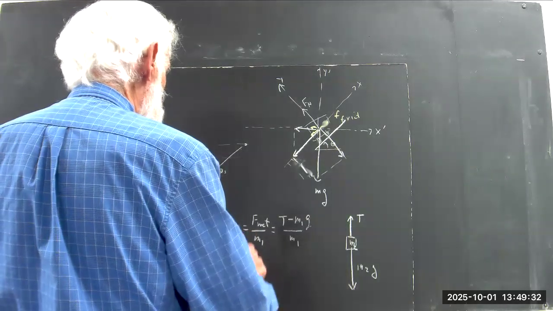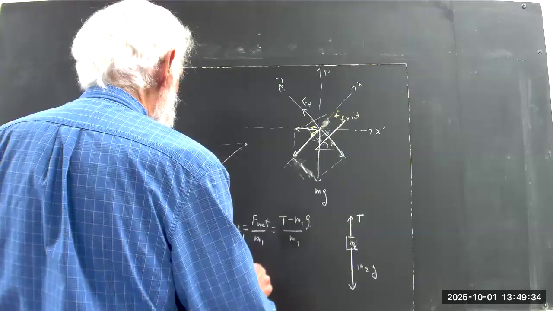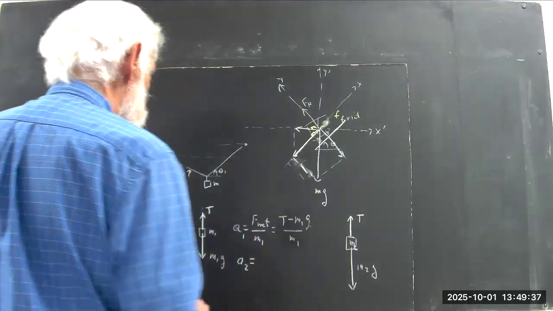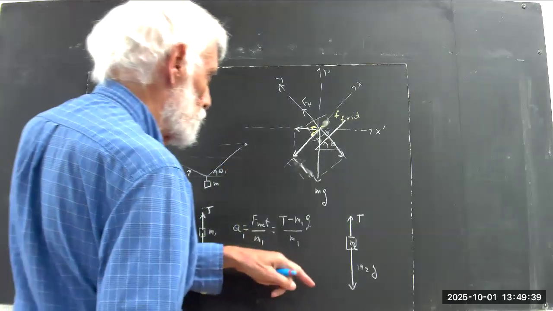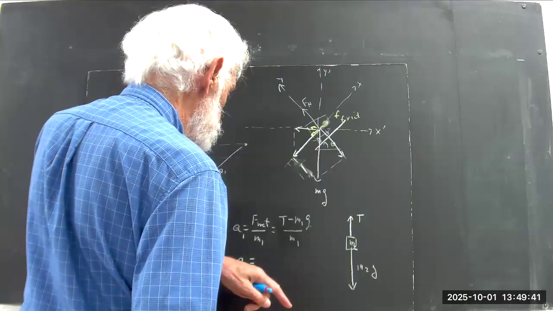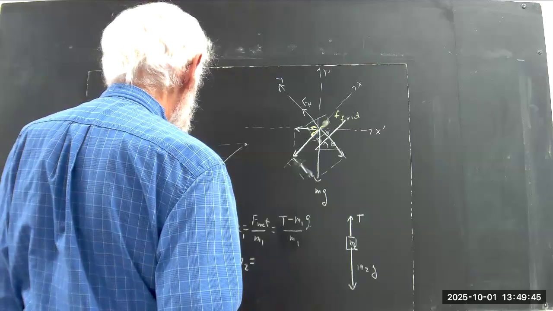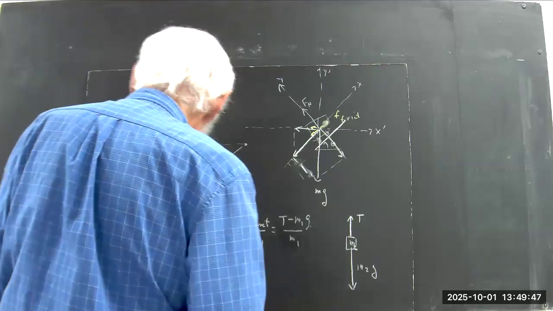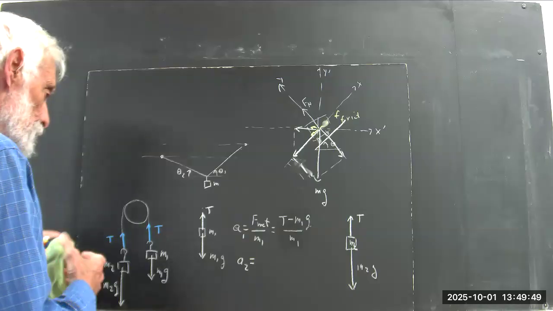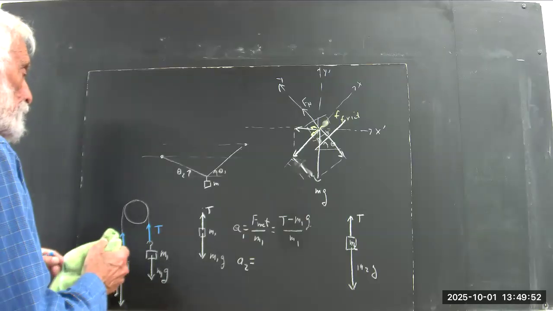So we're going to call this A1, and we're going to call this A2. And that's going to be, when I drew these, I just got out of bed the wrong way this morning.